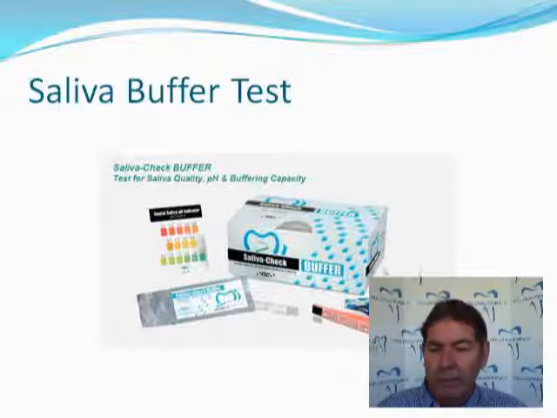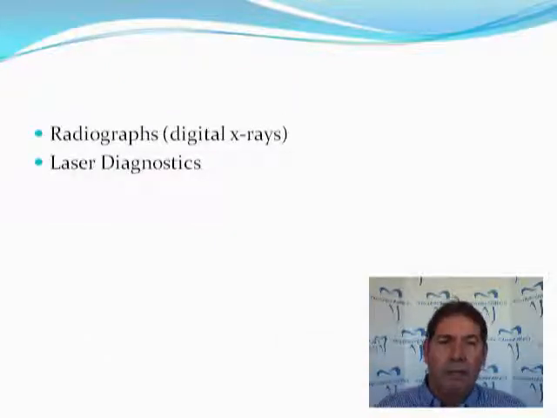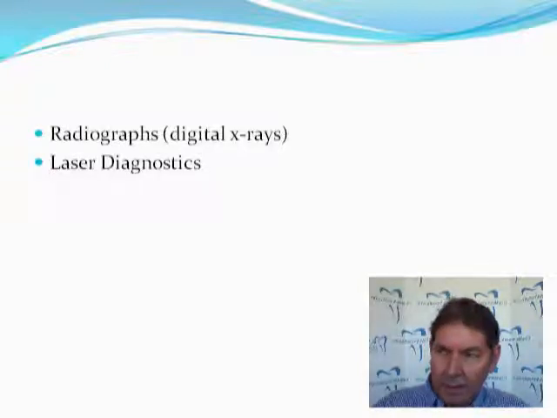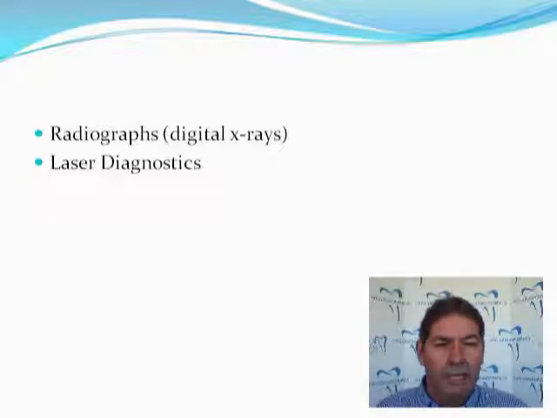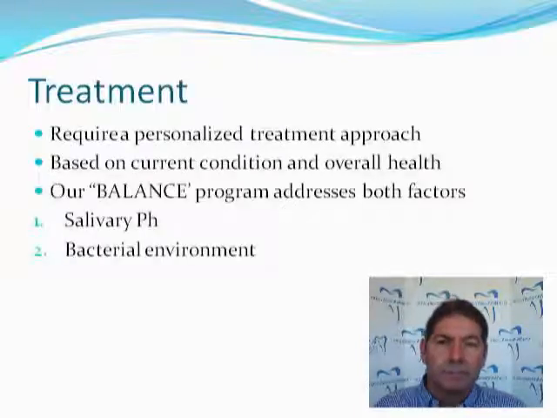That's a really, really important component of bacterial infection that needs to be addressed. And traditional radiographs, and then also there may be some laser diagnostics, which is a light instrument that measures decay. All of these are non-invasive. They don't hurt. It's a painless series of tests.